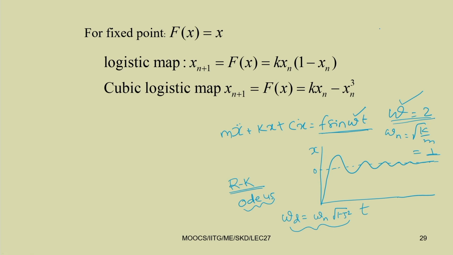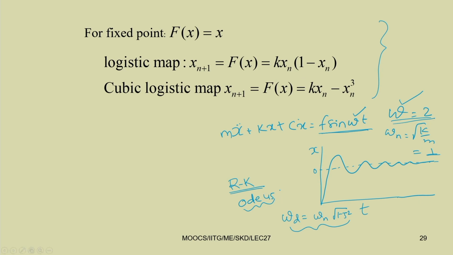Similarly, you may study maps also. Here you can see the logistic map, cubic logistic map, then tent map. There are several maps where you can plot x n plus 1, where you can write x n plus 1 equal to f of x, equal to k x n into 1 minus x n.